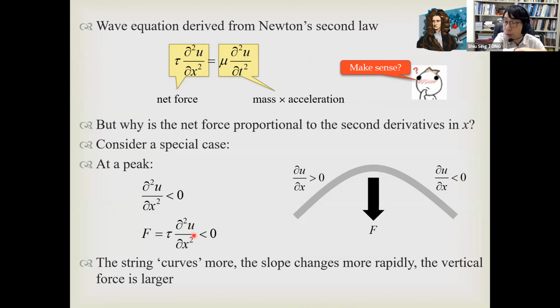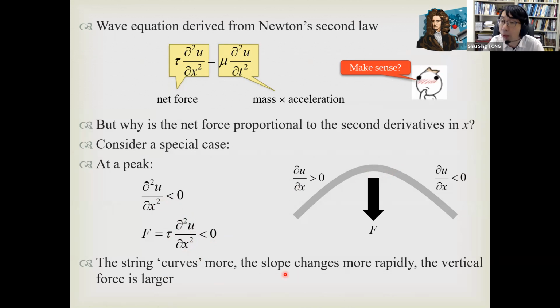When you have a more gentle change in the slope, if you have a smaller absolute value for the second derivative, then the downward force will be small. Okay, so this second derivative actually gives you the curvature.